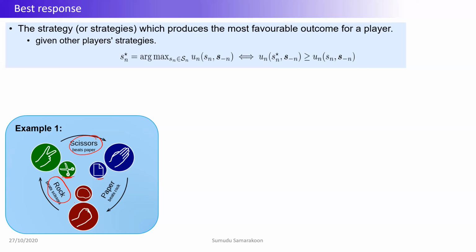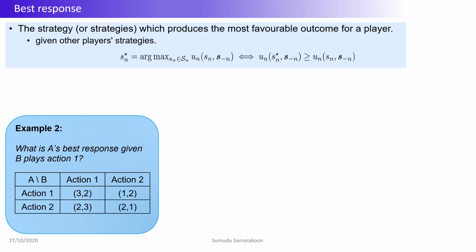Similarly, if the other player plays rock, the best response is playing paper. Pretty simple and clear idea. Let's just try to digest this idea. Then let's take another example.